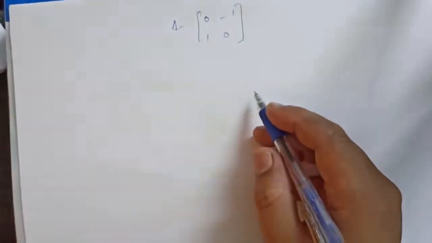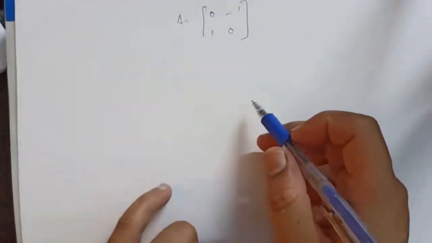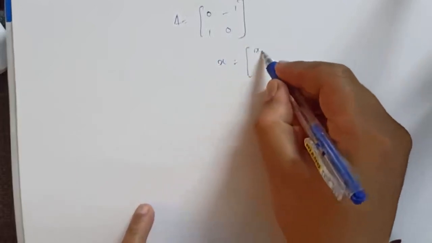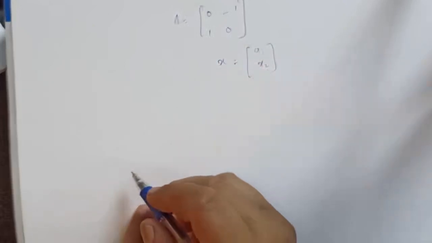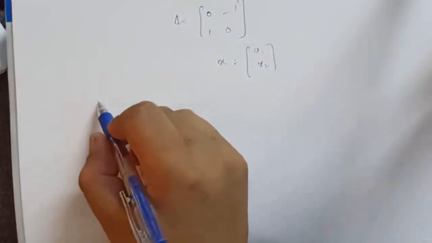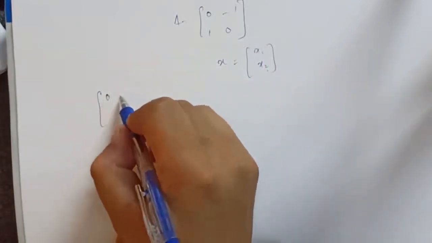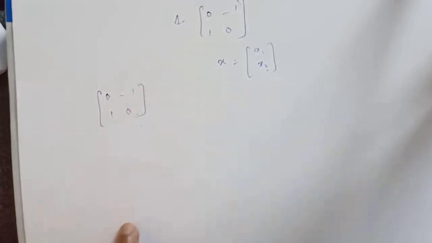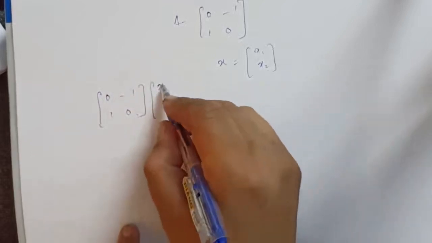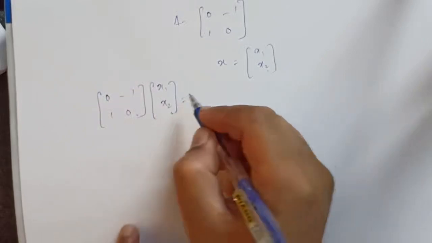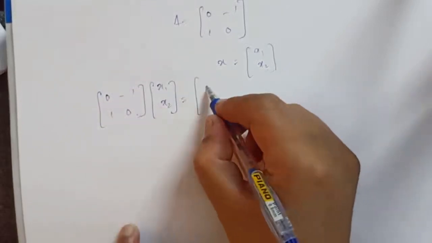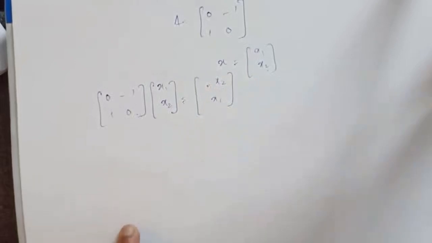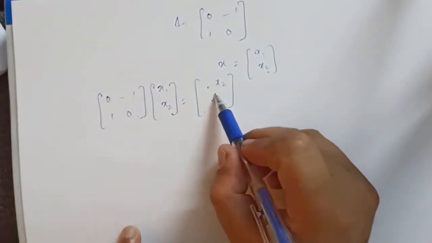If we have any vector x, let's call it x1 and x2, then Ax is 0 minus 1, 1 0 multiplied with x1 and x2, and the result comes as minus x2 and x1.